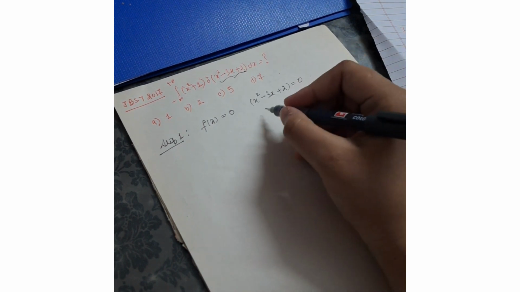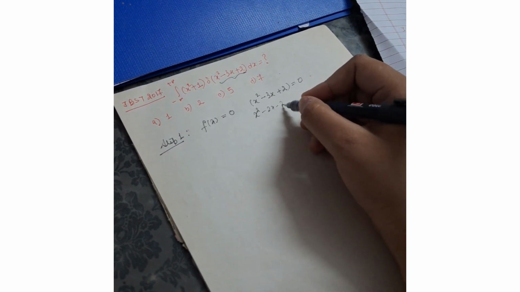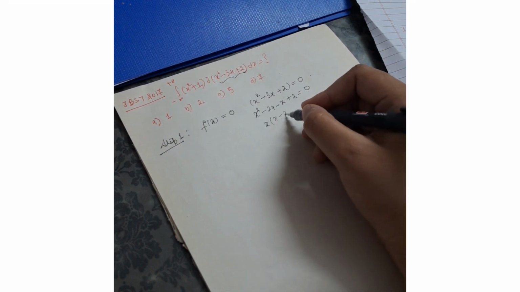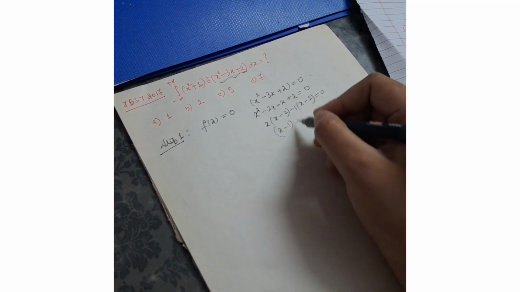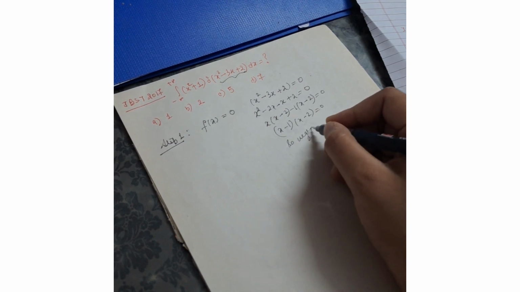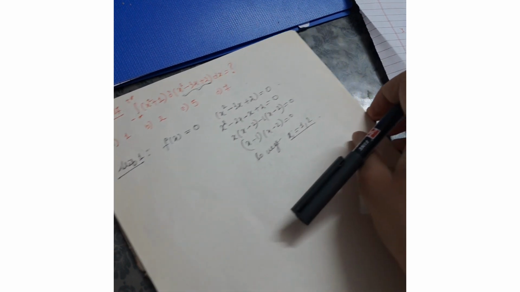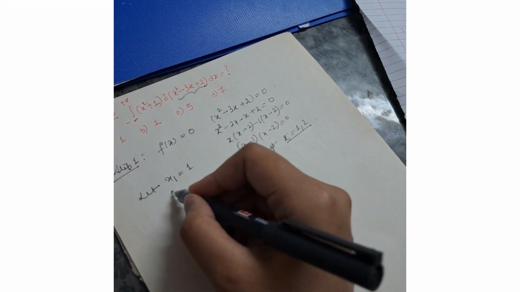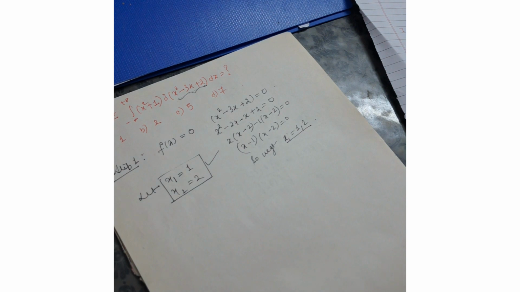Solving this equation, we get x square minus 2x minus x plus 2 equals 0, so (x minus 2)(x minus 1) equals 0. So we get xi equals 1 and 2. Now let x1 equal 1 and x2 equal 2. So here we get our xi's.